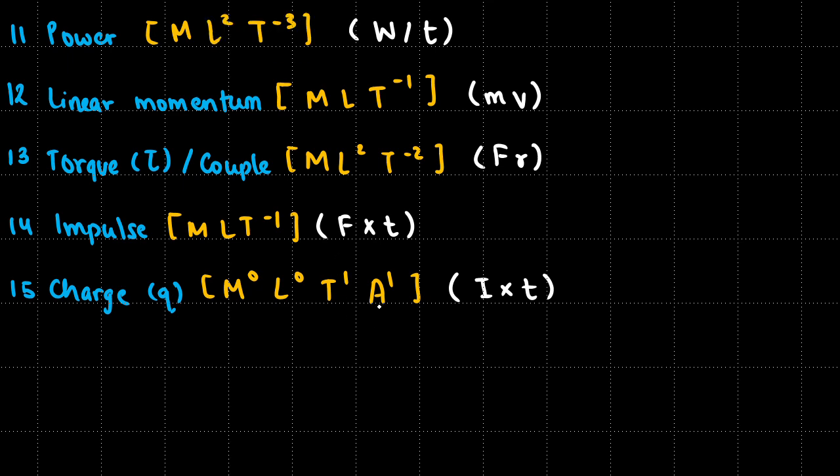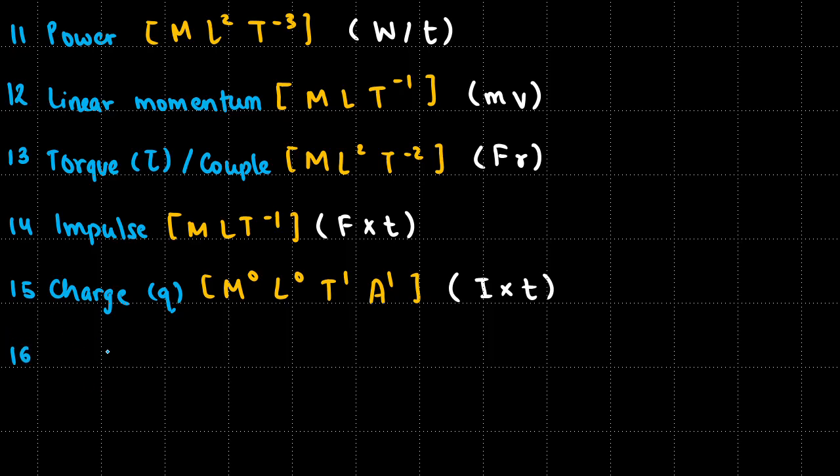That's why we use A. Do you remember the fundamental unit of current? It was ampere, right? And the symbol of ampere was A. That's why we write A to the power 1. We did not write A in other cases because it was A to the power 0, and we don't need to write a dimension if its power is 0. Okay, let's move on.